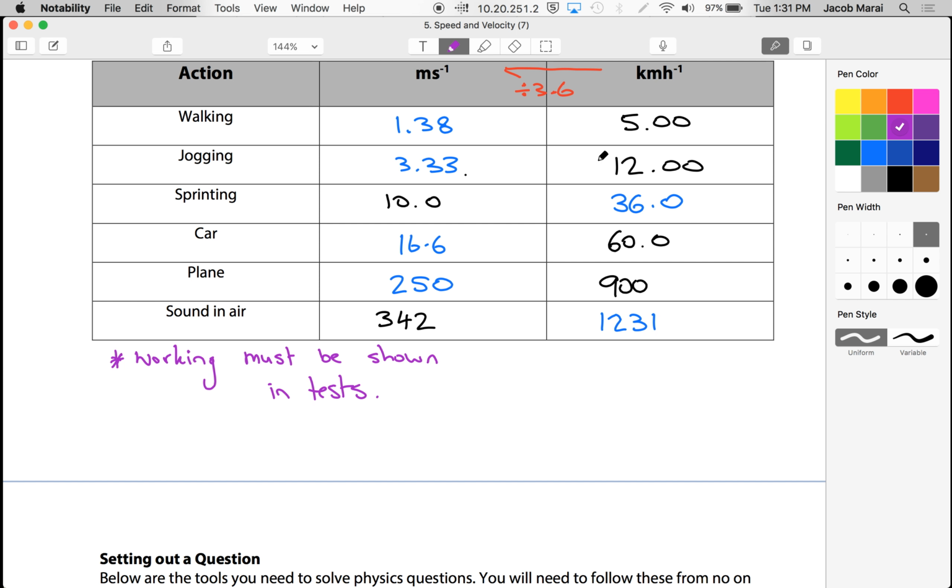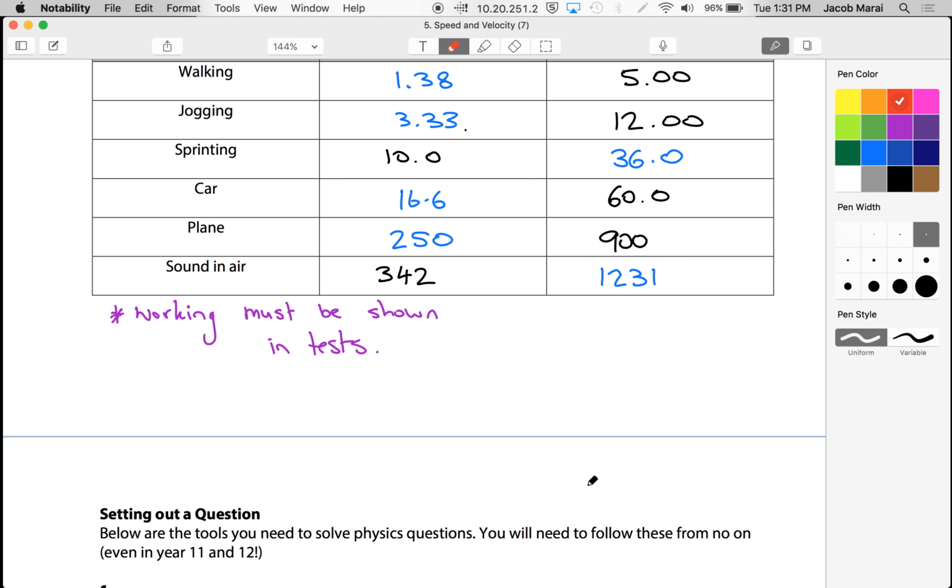If you were given in a test this number here, but you wrote down this number in the equation, you'll lose a mark because you haven't shown all your working out. Remember I said, if you use that calculator for any reason, what you write in the calculator must be written down on the paper, okay? Because marks are awarded for showing working out.